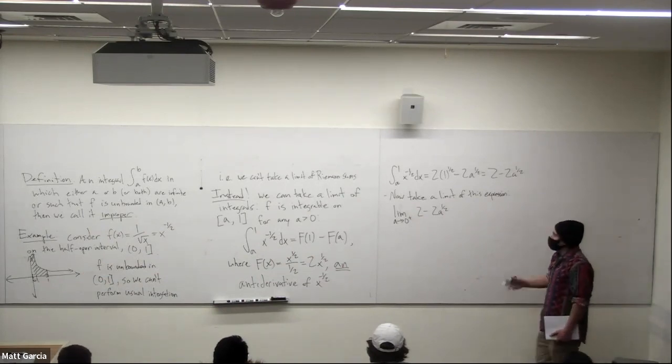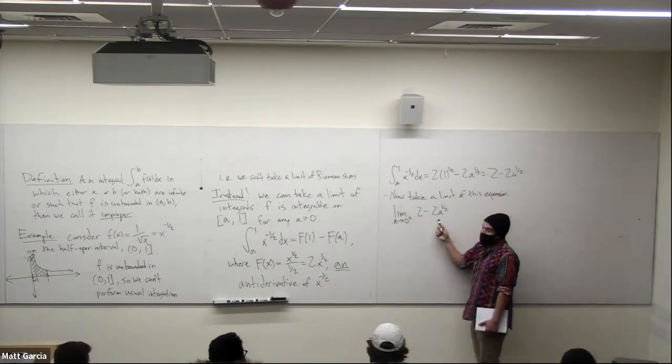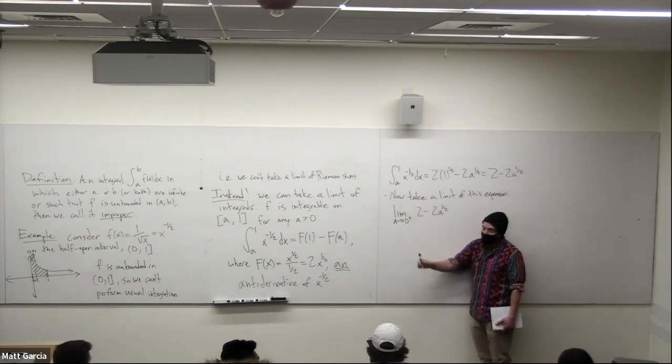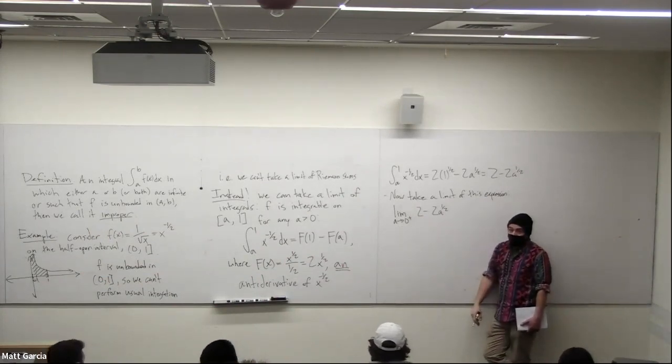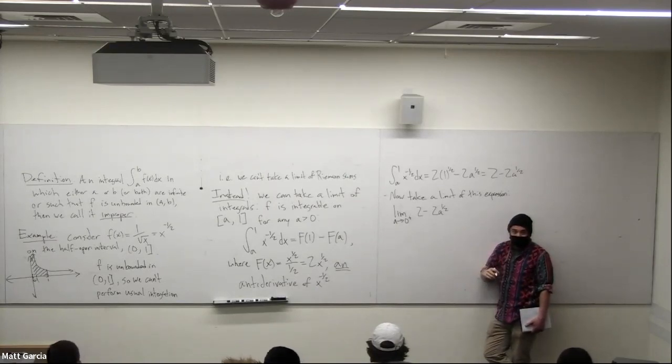So what do we know about taking limits? This is just a polynomial in the unknown a. So how do we evaluate this limit? Remember this, taking a limit of a polynomial?